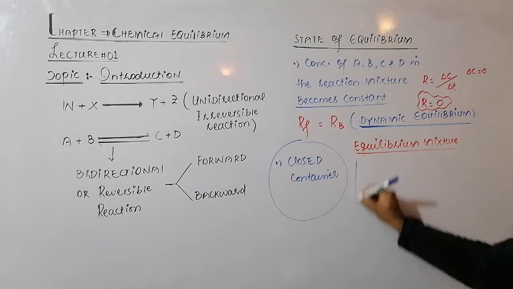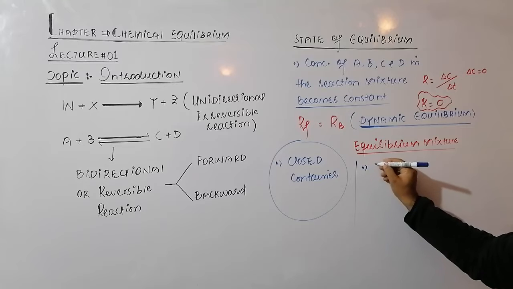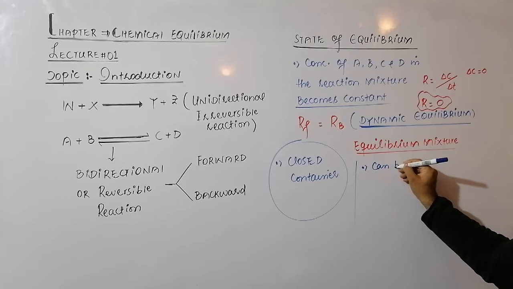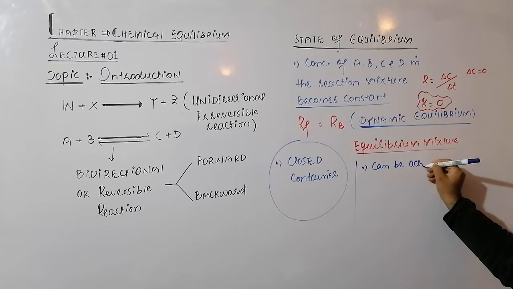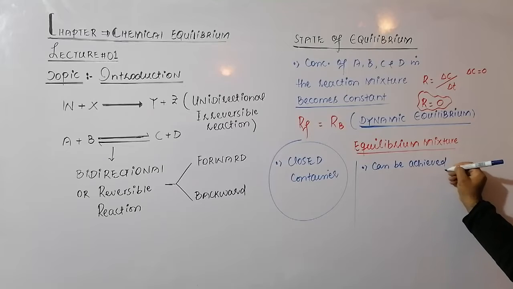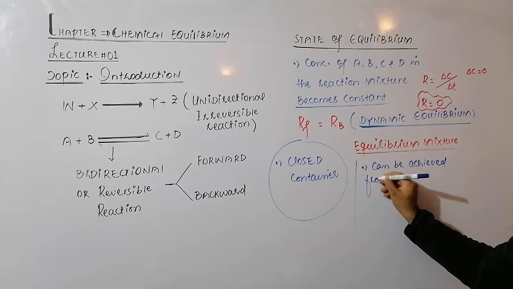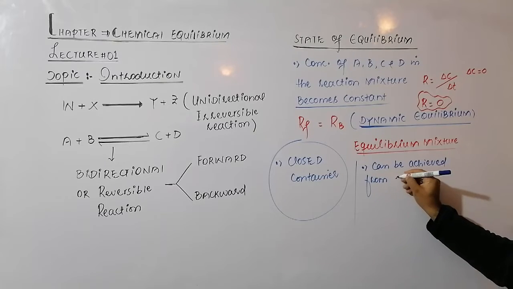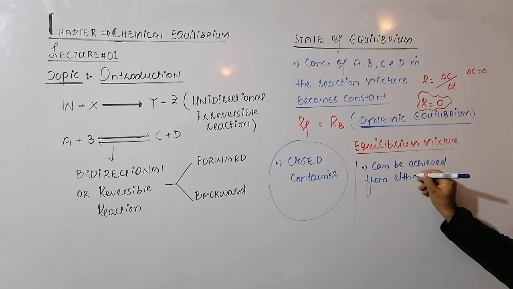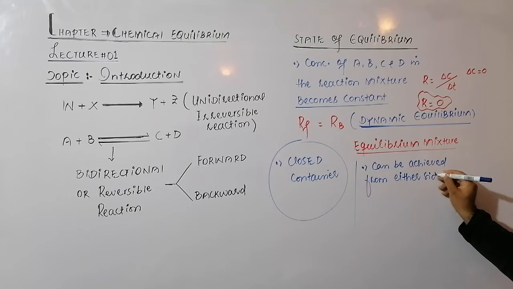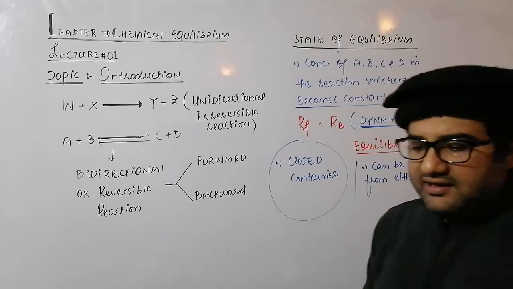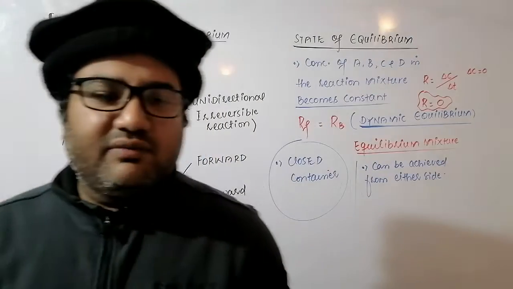Now the next characteristic is that dynamic equilibrium can be achieved from either side. Now what does it mean that dynamic equilibrium can be achieved from either side?